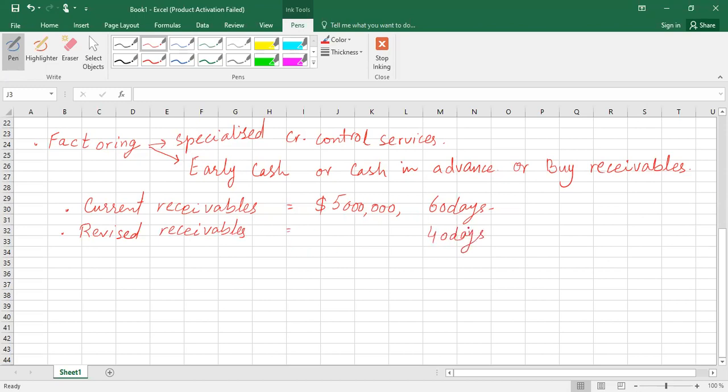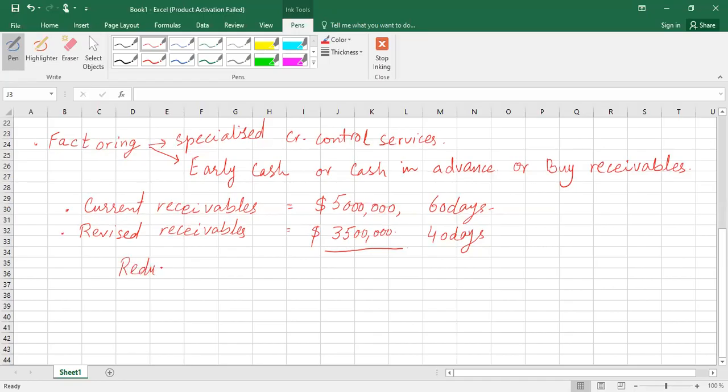And if they are reducing your days, it means we are also reducing your receivables to the level of, suppose, 3.5 million. So revised receivables is 3.5 million.